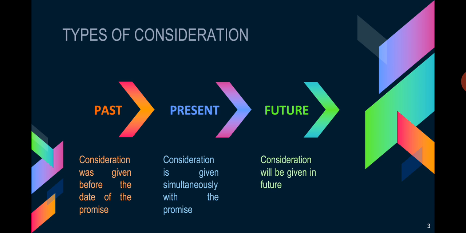So when you talk about consideration, the existence of consideration in your agreement and contract is a must. However, it can be performed either earlier or simultaneously or at a future determined date. The law only says that you must have consideration in your contract. How and when that consideration should be paid is left to the parties to decide.